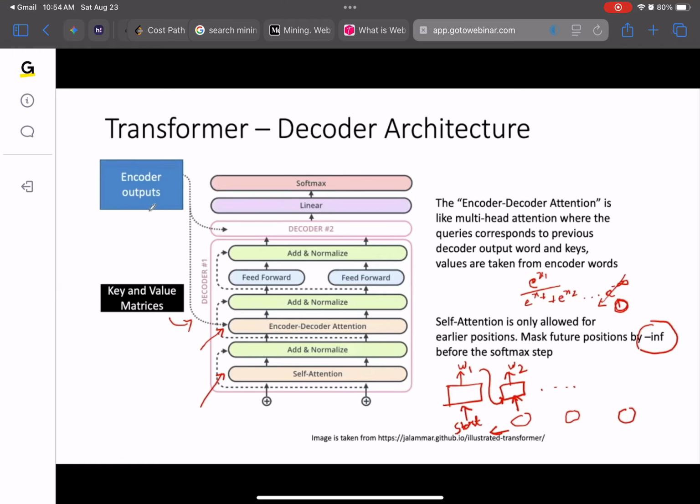So the earlier encoder outputs which were generated, we multiply them with certain key and value matrices to generate the keys and values for these encoder outputs.